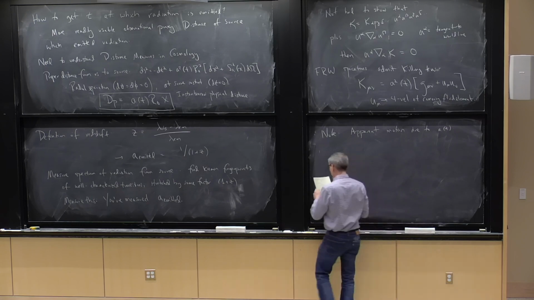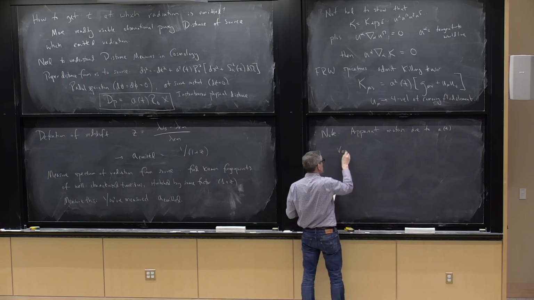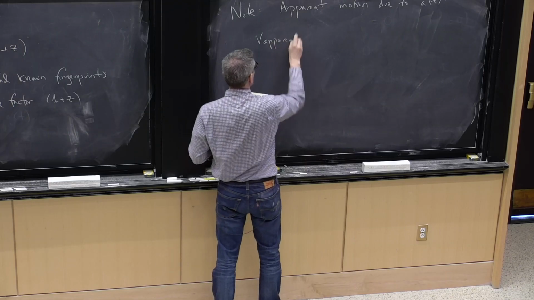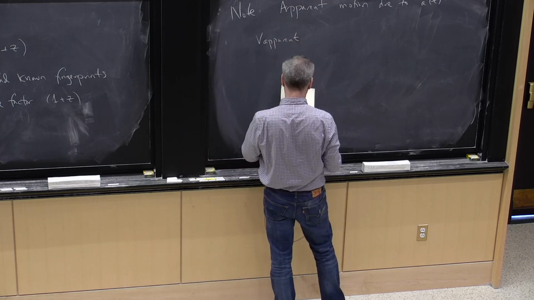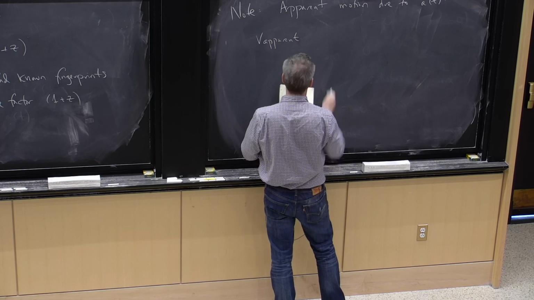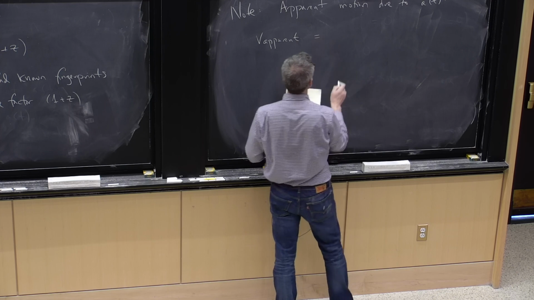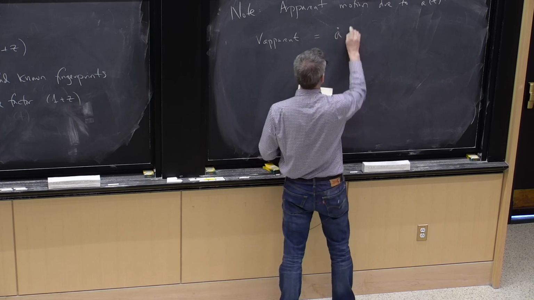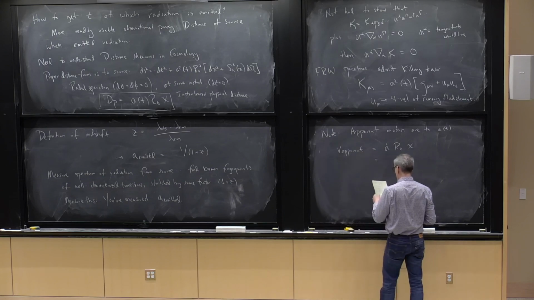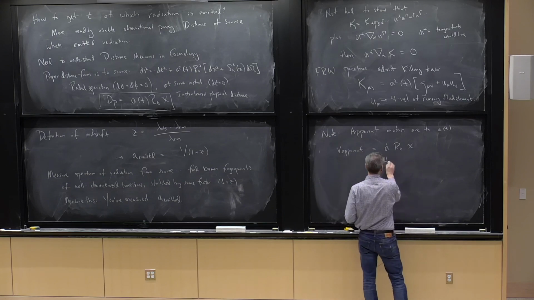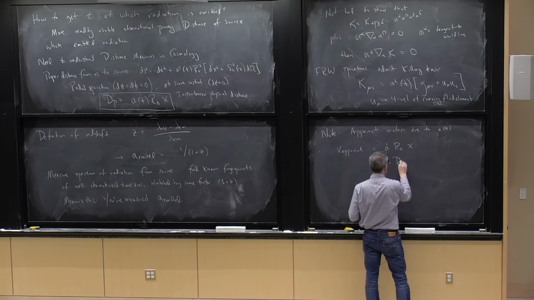If I take the time derivative of this, V apparent is just A dot R0 chi, which is equal to the Hubble parameter times d_p.